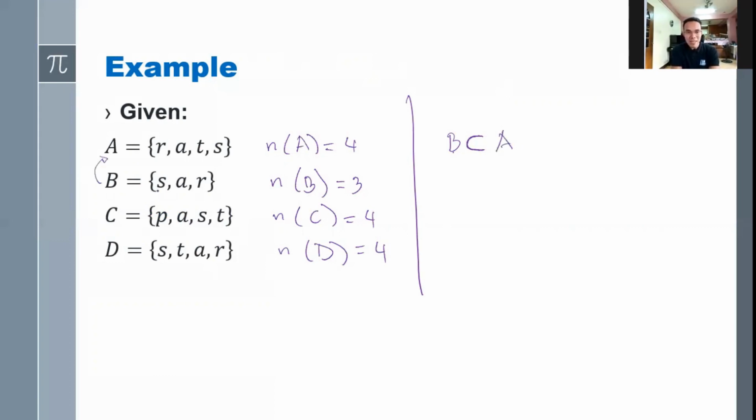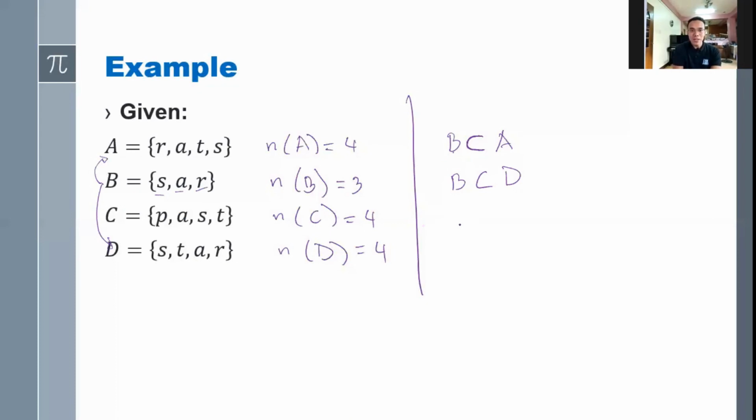All the elements S, A, and R are also elements in set A. That's why set B is a subset of set A. Okay? B is also a subset of set D because all elements in B are also elements in D.